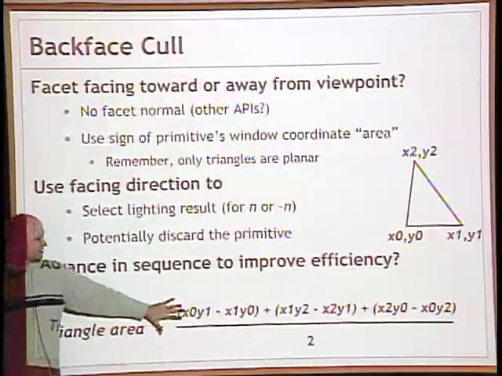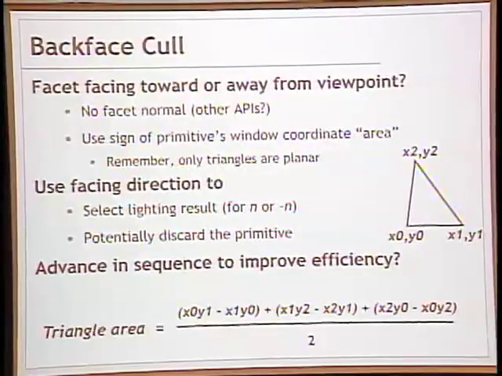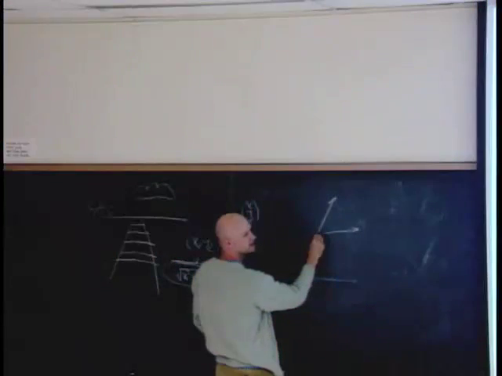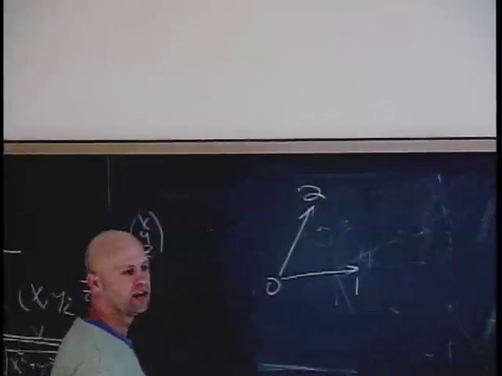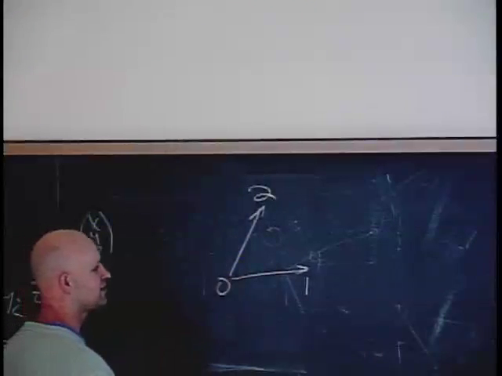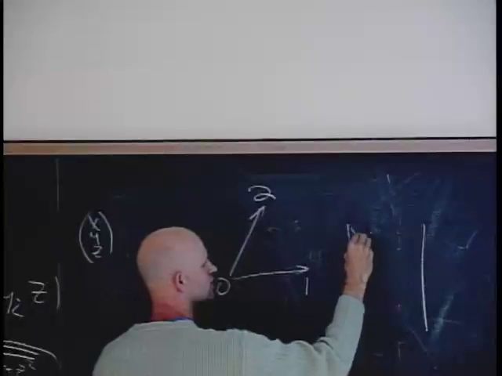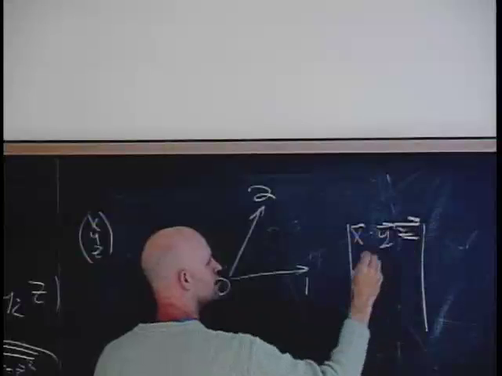Okay, so what is this operation mathematically? What are we actually doing here? That's a cross product. Let me show what we're actually doing here. If you take this vector here, this is 0, 1, and 2, and you take the cross product of that vector, remember the way you do that is you have the x direction, the y direction, the z direction.